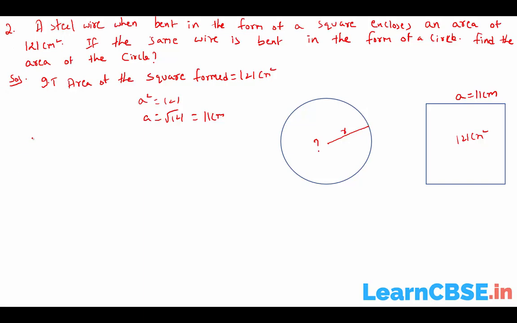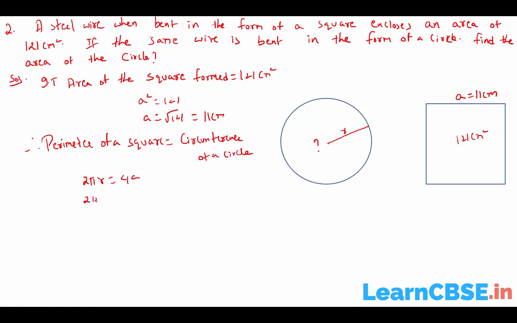Therefore perimeter of a square must be equals to circumference of a circle. That means perimeter of the square equals to, so what is the formula for circumference of circle? 2 pi r must be equals to 4 into a, perimeter of the square.